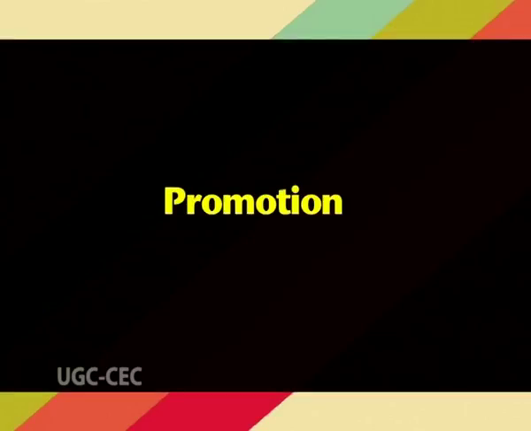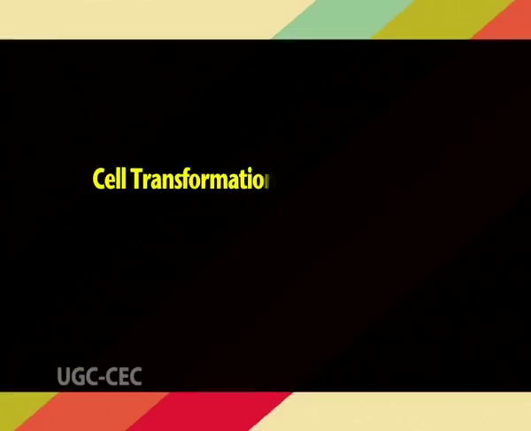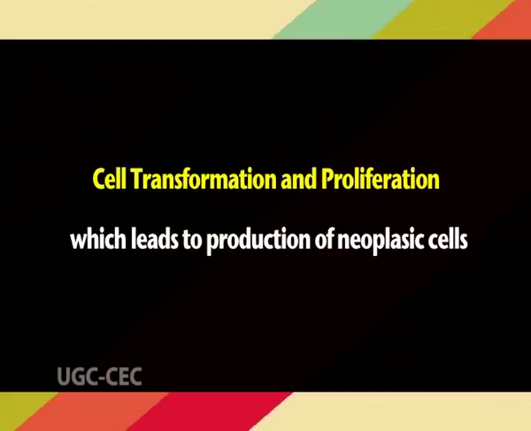The second step, promotion, is generally thought to be unrelated to the dose of radiation received. Therefore, the latent period is clearly independent of the initial dose of radiation received. The third step involves cell transformation and proliferation, which leads to the production of new plastic cells.